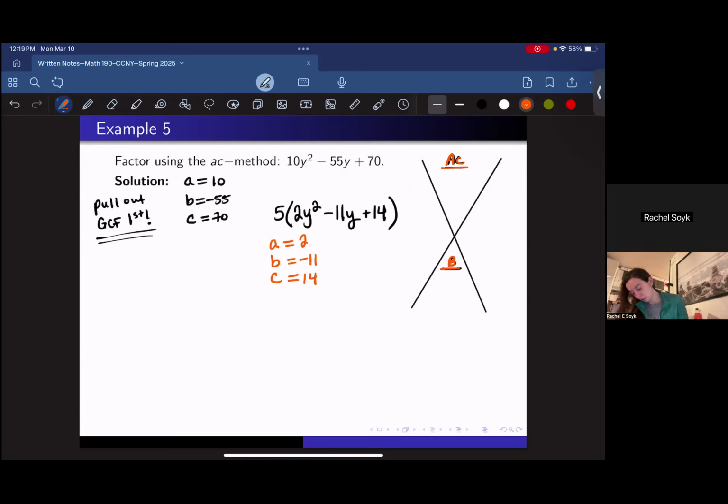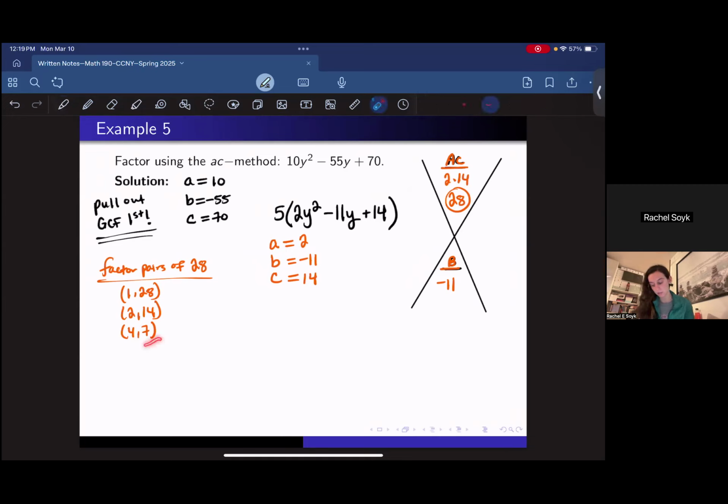Our A here is 2, our C here is 14, so the product is 28, and our B is negative 11. Let's look for factor pairs of 28. 1 and 28, 2 and 14, 3 doesn't go in, 4 goes in 7 times, 5 doesn't, 6 doesn't, and 7 we did.